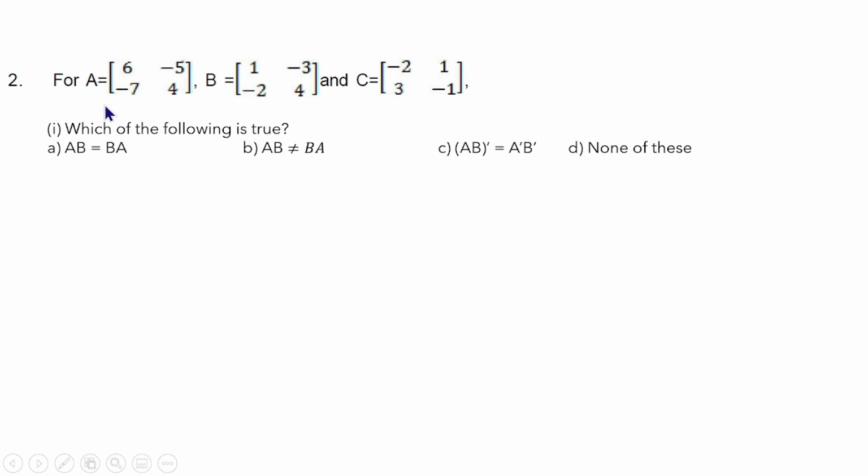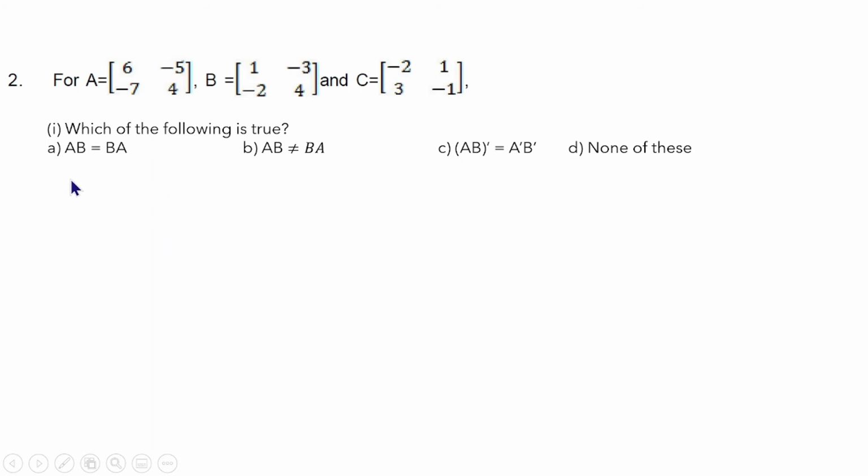The next question, for A equal to [6 -5; -7 4], B equal to [1 -3; -2 4] and C equal to [-1 -2 1; 3 -2 3; -1 ...], which of the following is true? So we have AB equal to BA, then the next option AB not equal to BA, then the next option AB the whole transpose is equal to A transpose into B transpose, and the last option is none of these.